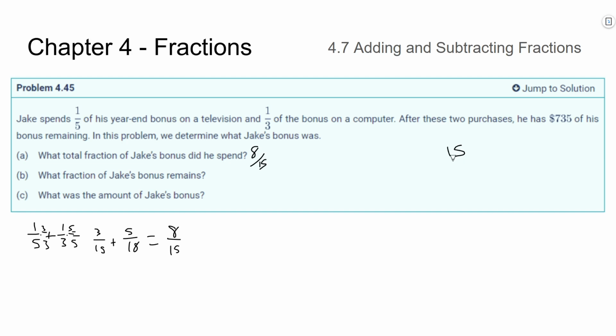How many 15ths are there in a whole? There's 15 15ths in a whole. So we started out with 15 over 15, and you took away 8 of those 15ths. So then he's left with 7 of those 15ths. So 7/15 remains.